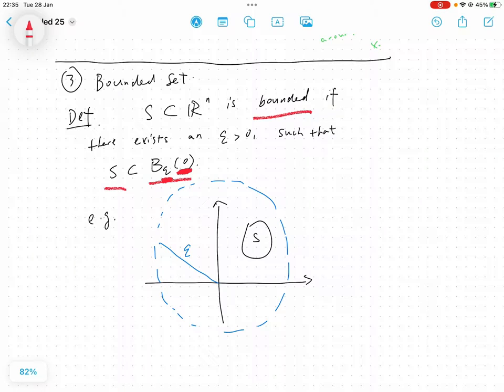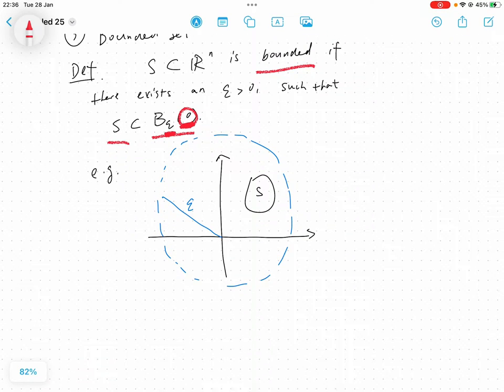This is just a canonical or convenient notation. You can change this 0 to any other point, as long as we have some epsilon ball and this set is included inside of it. Then we can say that this is bounded.